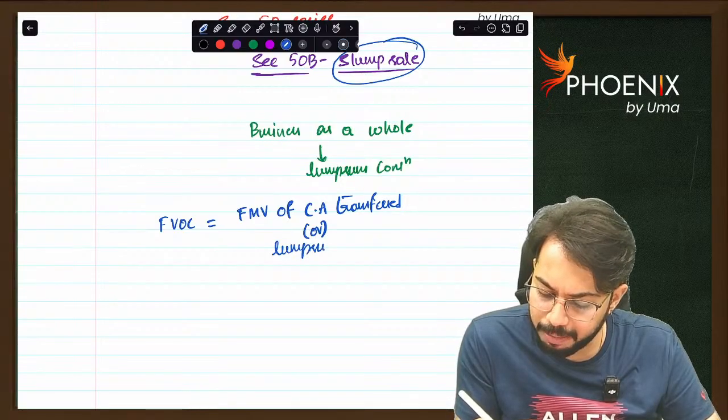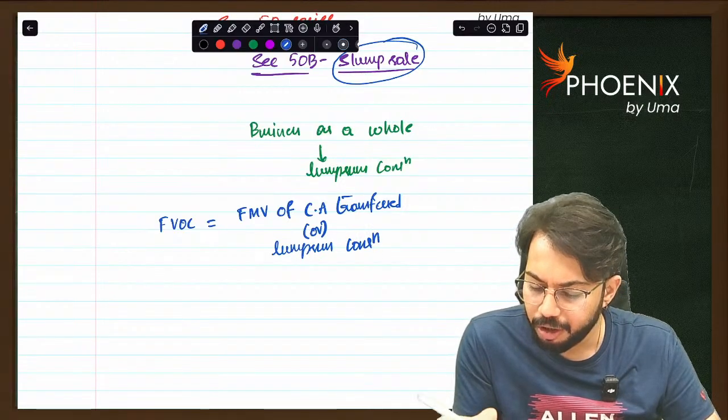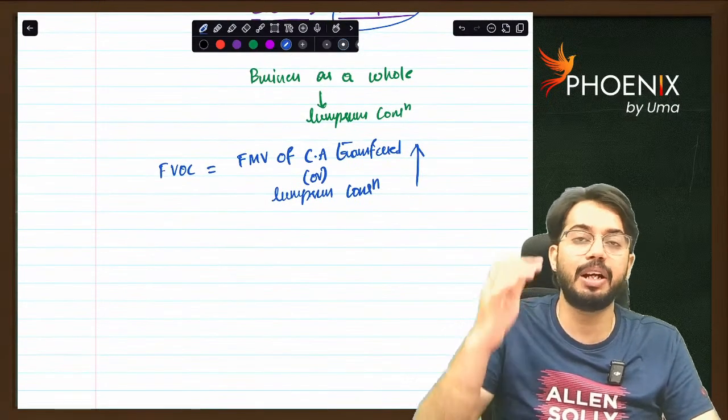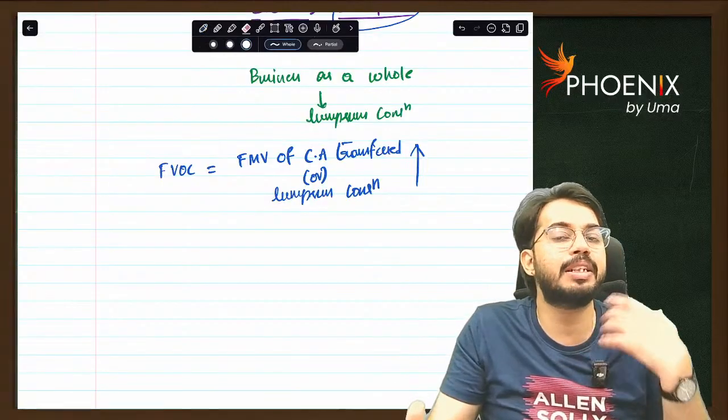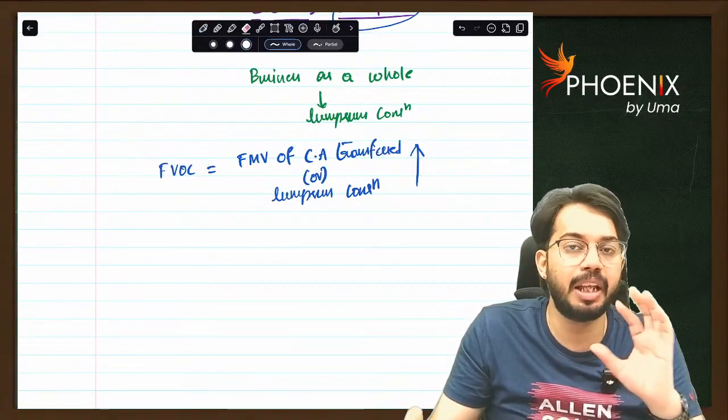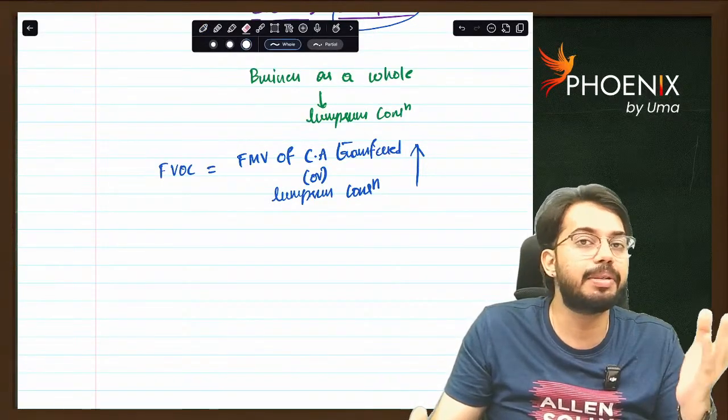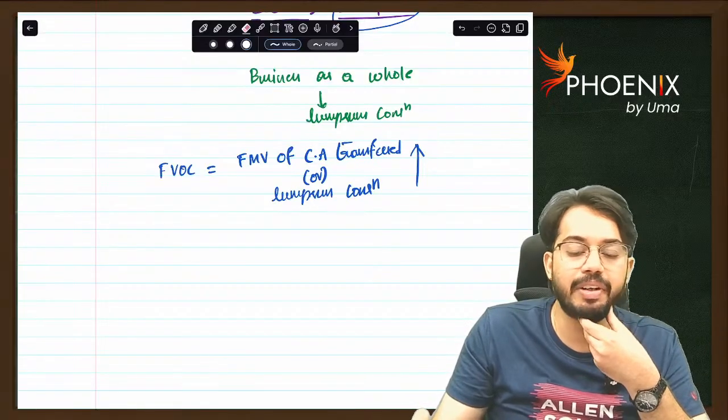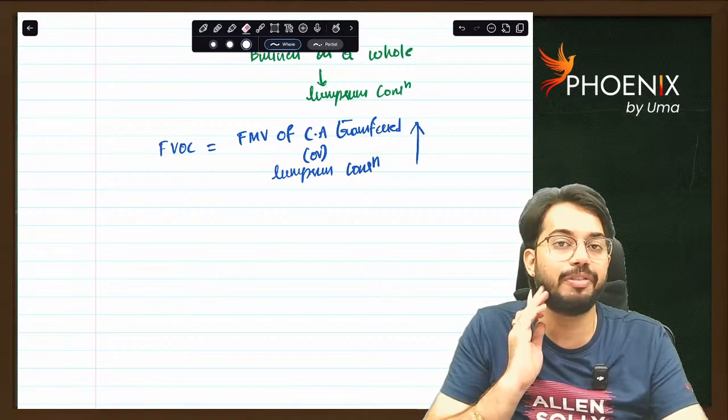That higher amount will be considered as full value of consideration. Are you able to understand? So whatever the capital assets that we transfer during the slump sale, their fair market value or lump sum consideration that we are receiving, whichever is higher is to be taken as full value of consideration.